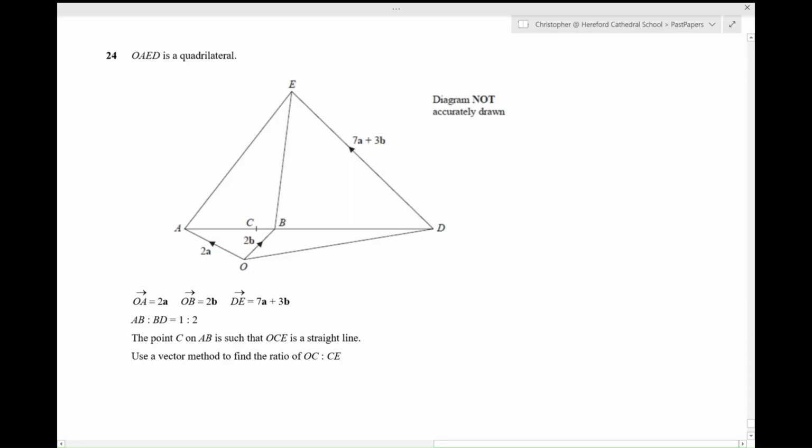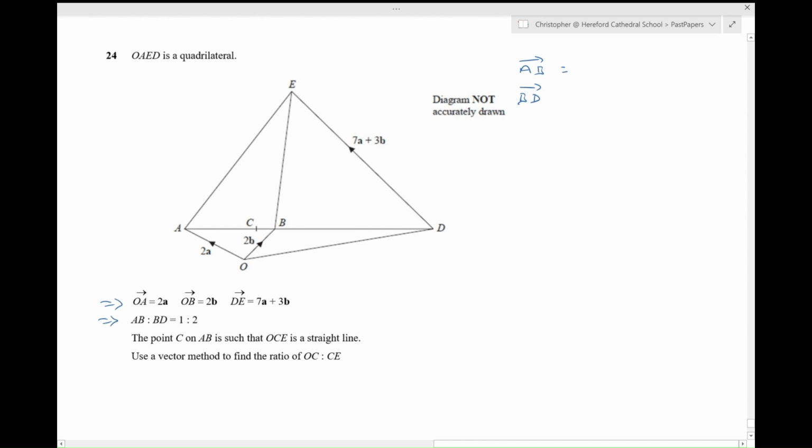Question 24. I know this information down here, and I know that the ratio of AB to BD is 1 to 2, so BD is double AB. Let's start off by finding AB, and then doubling that to find BD.